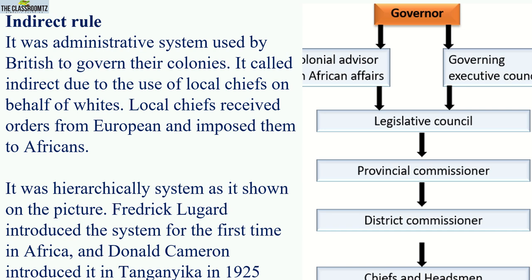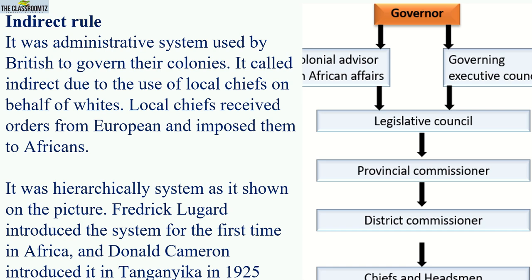It was a system as shown in the picture, and Frederick Lugard was the first person to introduce this system in Africa. It was applied first in Nigeria by Frederick Lugard, but in Tanganyika it was applied for the first time in 1925 by Donald Cameron after the First World War, when Germany lost the war and those colonies were taken under the trusteeship council, and the British were given Tanganyika.